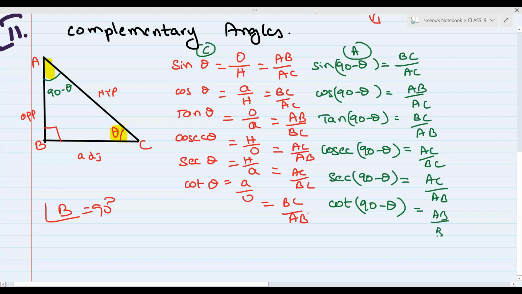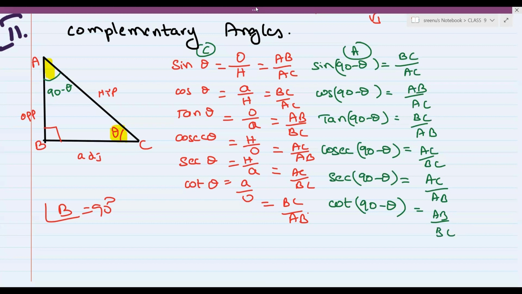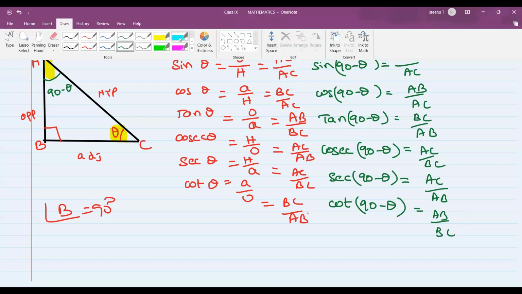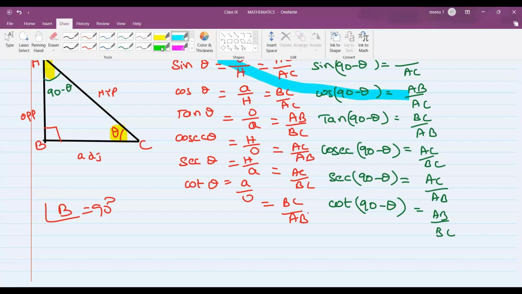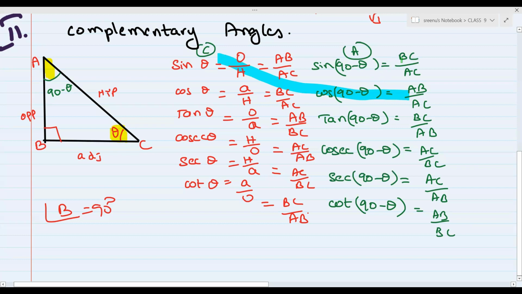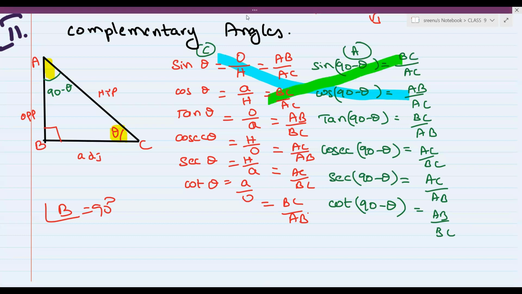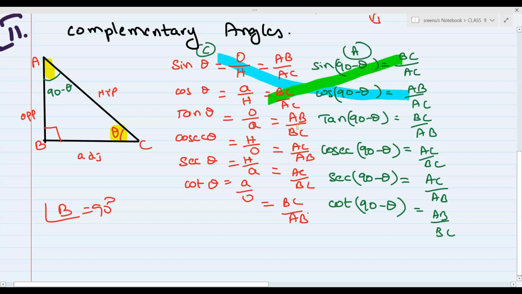So why do I define all this? If you observe carefully, we do matching now. Match the following. This is AB by AC, where is it? See, I'm writing. Next, BC by AC, this one. Next, AB by BC, where is AB by BC? Cot.